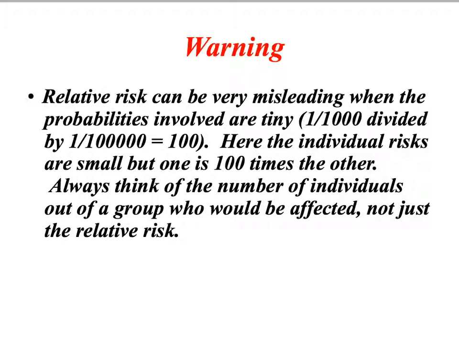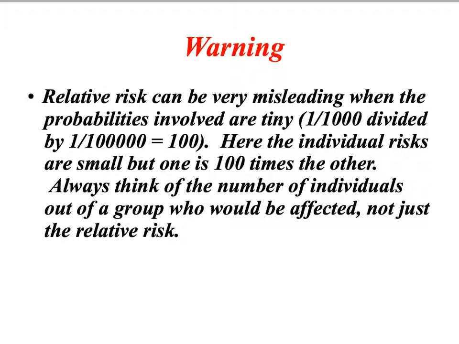You may have 100 times more chance of dying from this cancer because you eat, I don't know, bacon. You might have 100 times more risk of dying of a particular cancer. But the risk of that cancer is still really, really small.